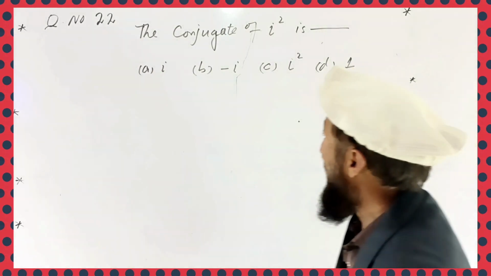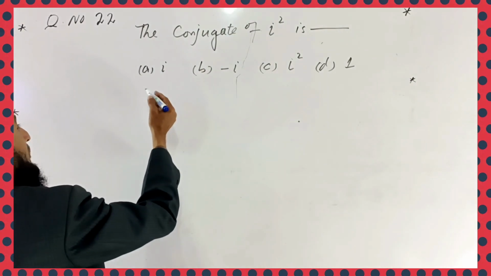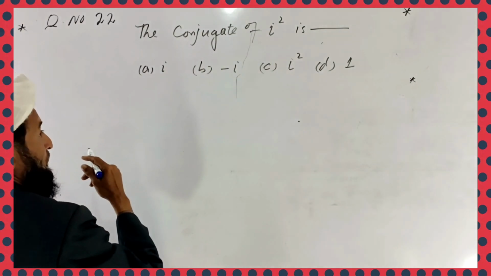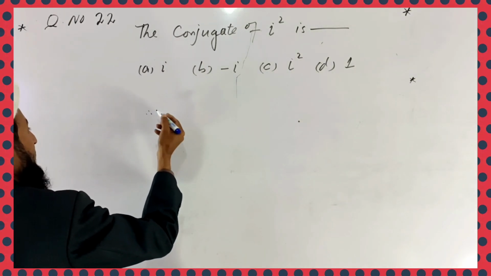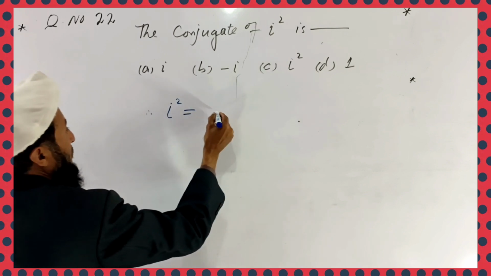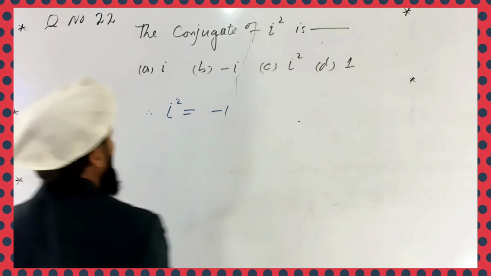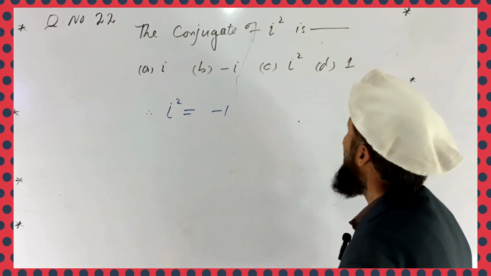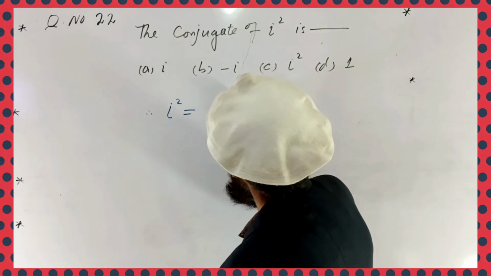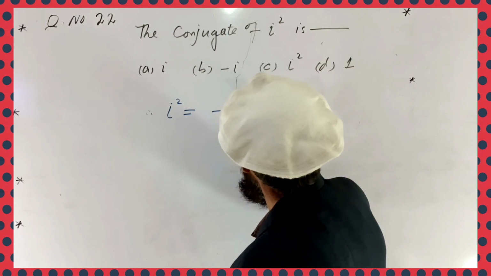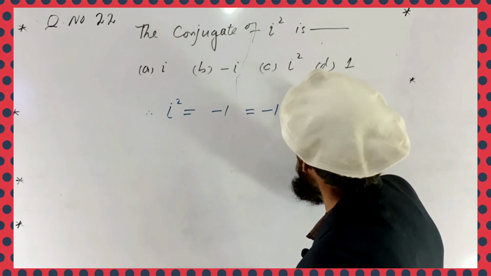The conjugate is required. As we already know, iota square is equal to minus 1. So minus 1 is the real part, and we can write it as minus 1 plus 0 iota.